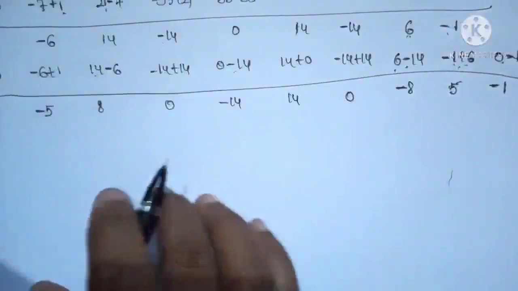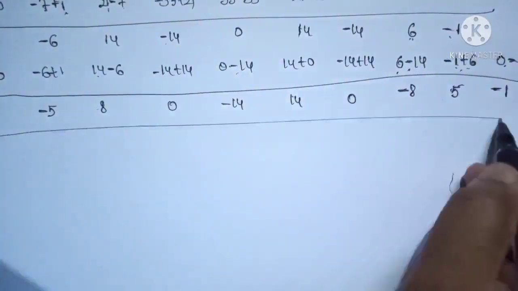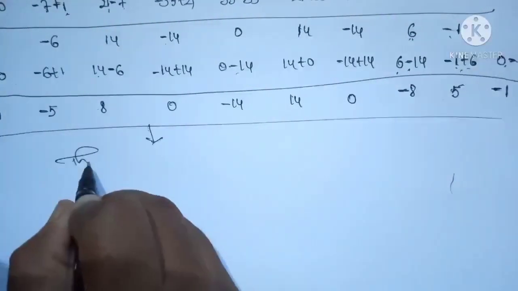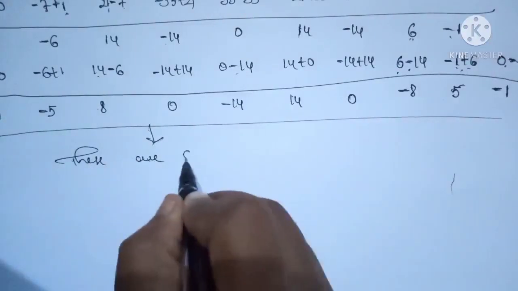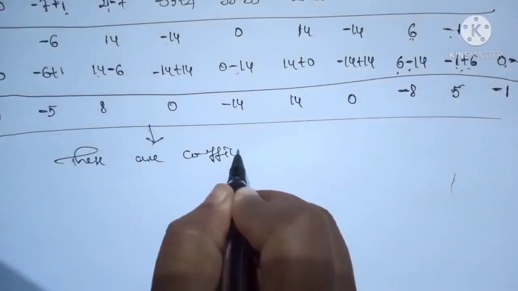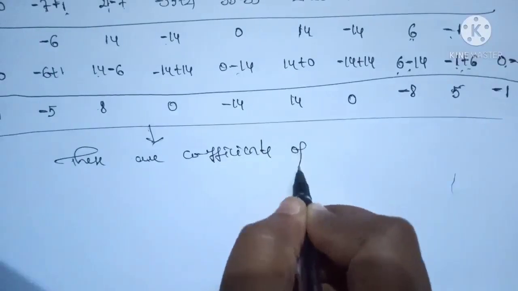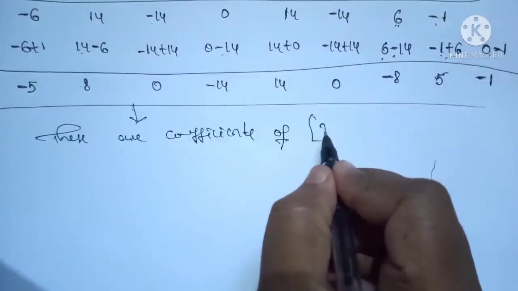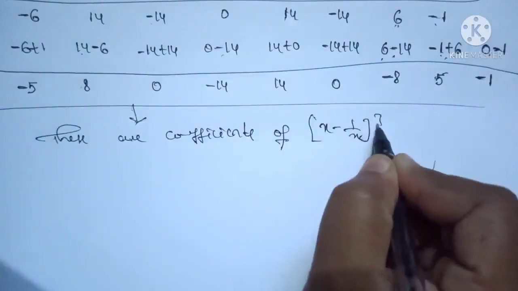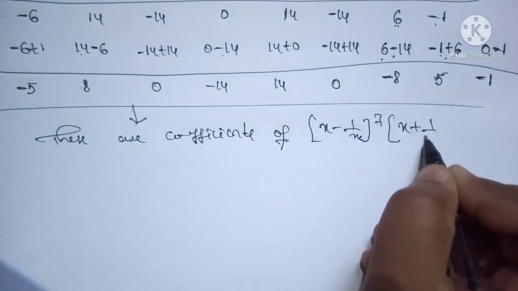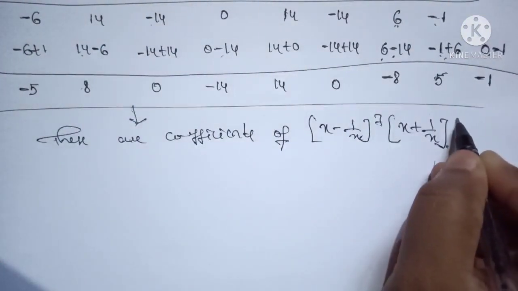So these are the coefficients of the bracket (x minus 1/x)^7 into (x plus 1/x)^2.